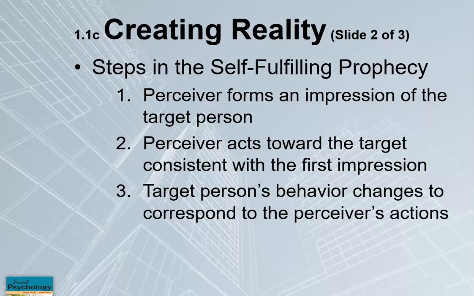First, the person perceiving someone's behavior forms an impression of the target person. Step 2, the perceiver acts toward the target consistent with the first impression. And the third step is the target person's behavior changes to correspond to the perceiver's actions.